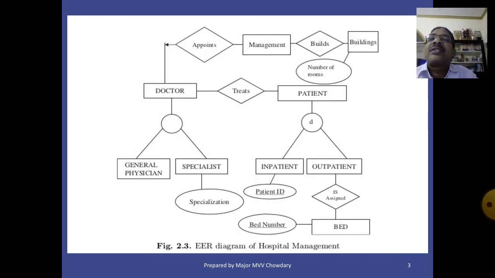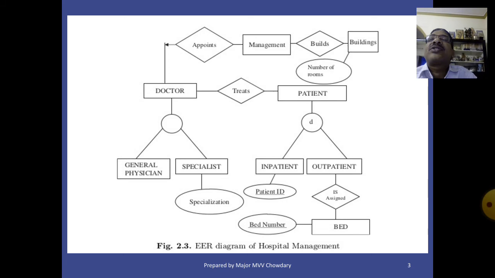Let us see the diagram on the screen. Doctor, patient, general physician, specialist, inpatient, outpatient, management, buildings, bed. These all are entities. This is the EER diagram of a hospital management system.